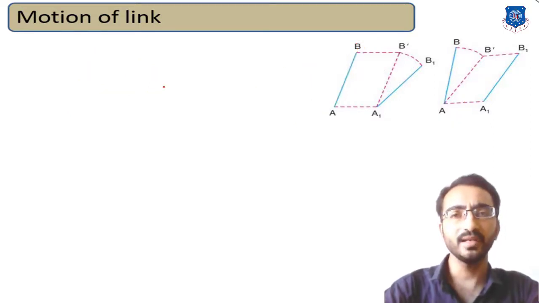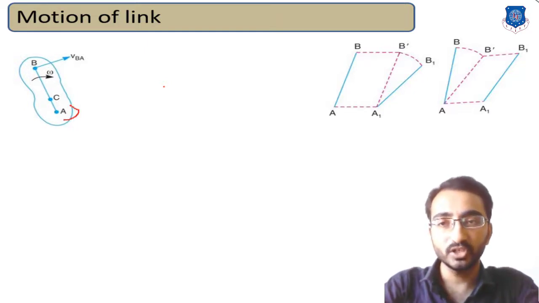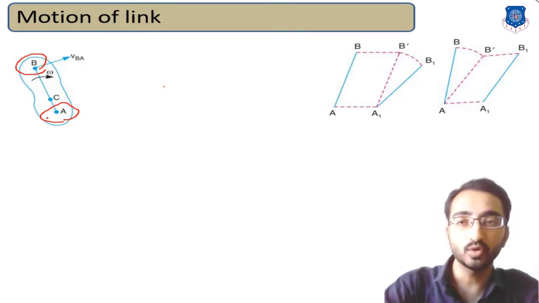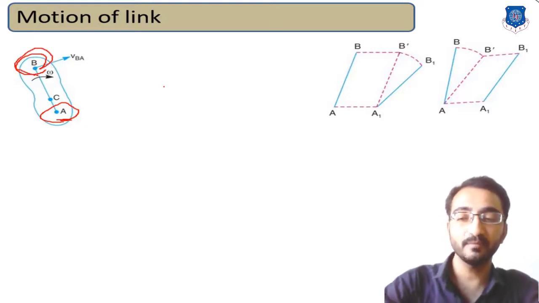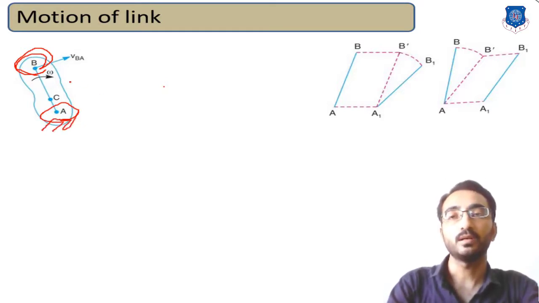Now let's consider a link having a point A at one end and point B at the other. If you apply force at point B with reference to point A, this is a very basic fundamental: you are not moving point A, because the distance between A and B cannot change, since it is a rigid link, and the distance between rigid particles will never change.